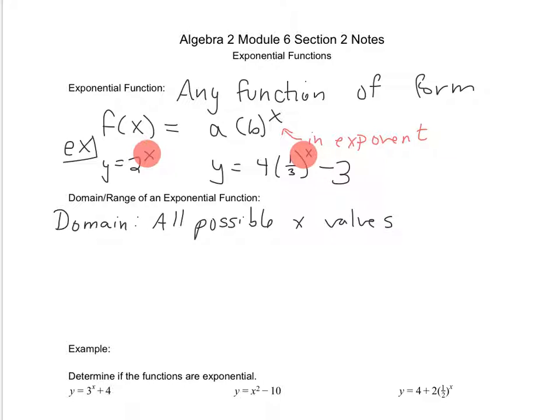But the domain of exponential things, all the possible x values, it's always negative infinity to infinity. So negative infinity to infinity means every negative number, every positive number ever possible. So this is really all real numbers.